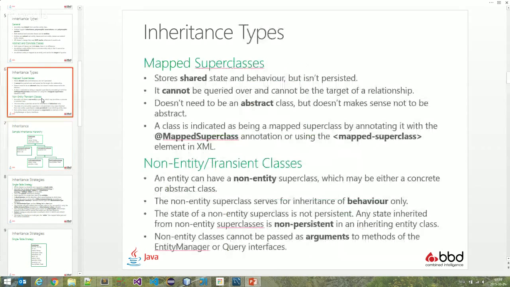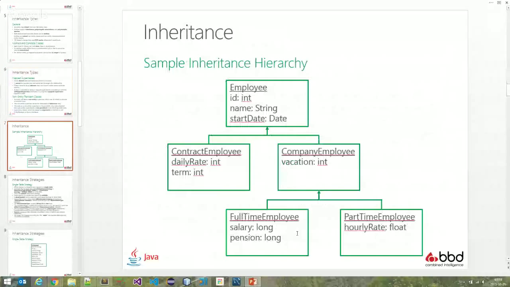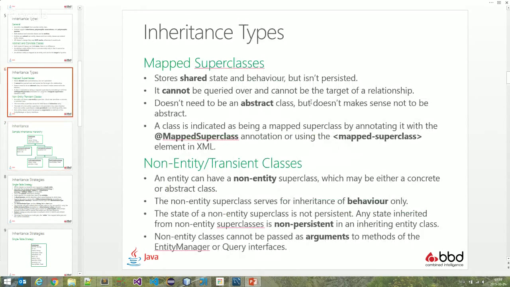You might do that if your database tables aren't set up that way. In your database, you might only have a full-time employee table and a part-time employee table, both with a vacation field, and you want to represent that in your object hierarchy. You can do it like that. Like I say, when it comes to inheritance and ORM, it gets a bit wild.